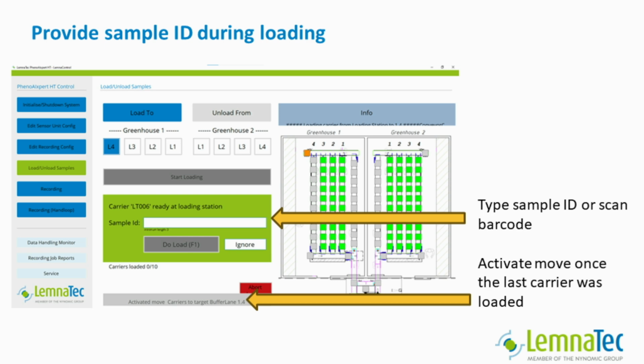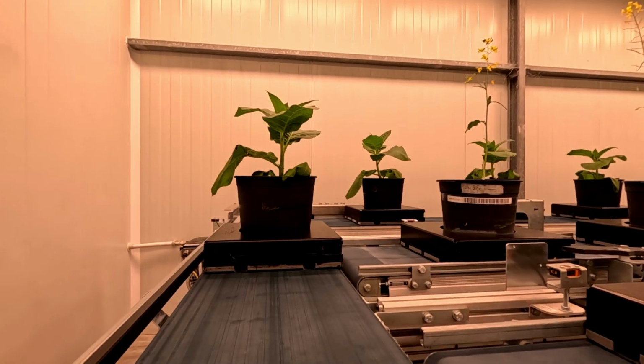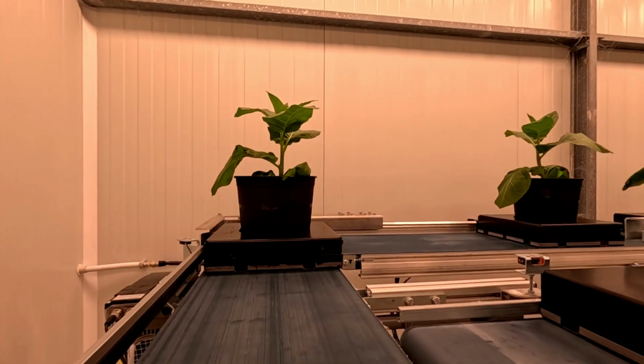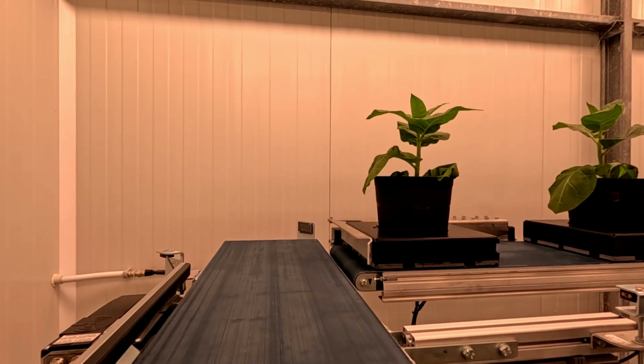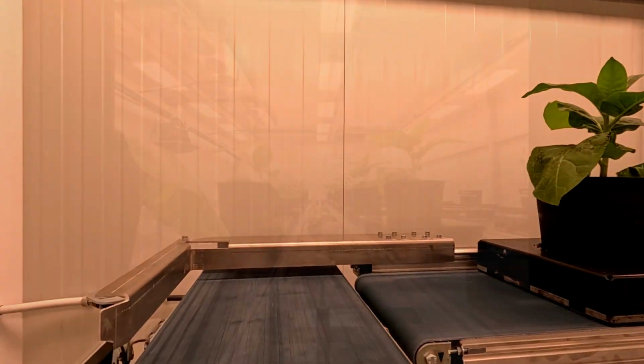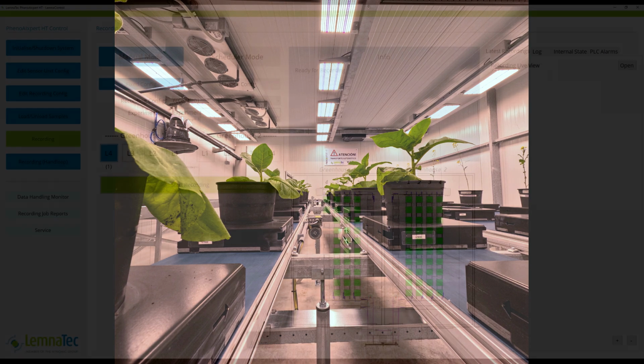Thereby, recorded data are always connected with the sample ID that is given during the loading process. After loading the carrier with the sample to the system and assigning the ID, the system moves the carrier with the sample into the storage area. Here, plants are incubated and growing in the time between the recordings.